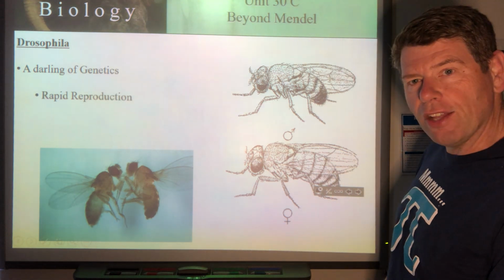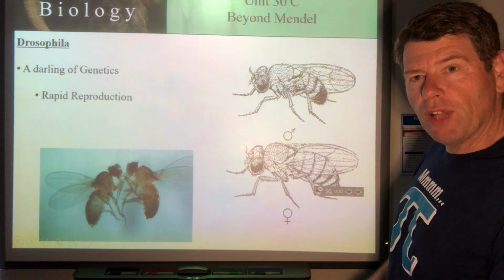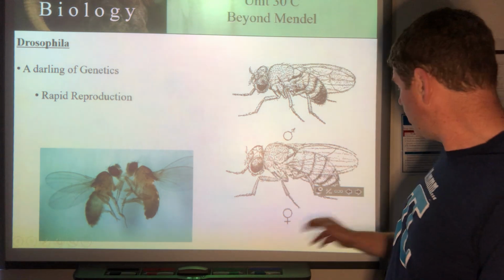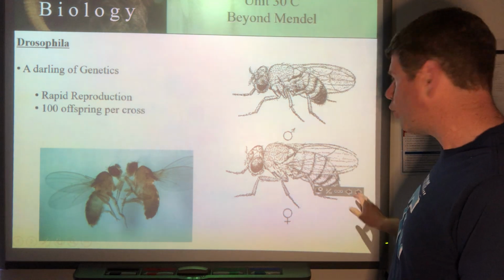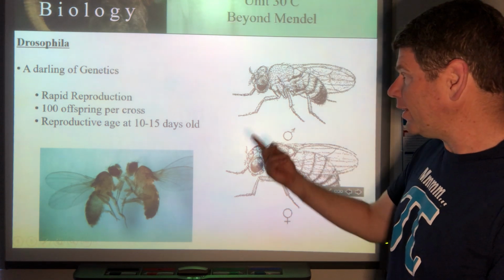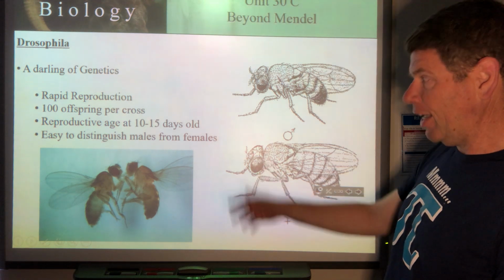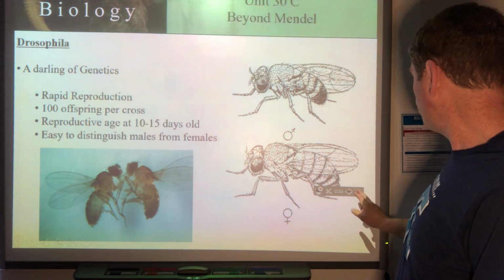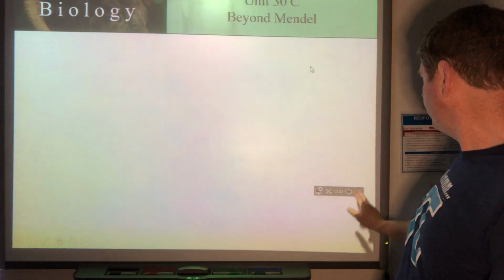It's pretty easy to tell the males from the females, especially under a microscope. Fruit flies are awesome for genetics experiments because they rapidly reproduce. They make at least 100 offspring per cross, and they're reproductively ready to go at the age of 10 to 15 days. And they're easy to distinguish males from females, which will become important as we talk about this chapter.